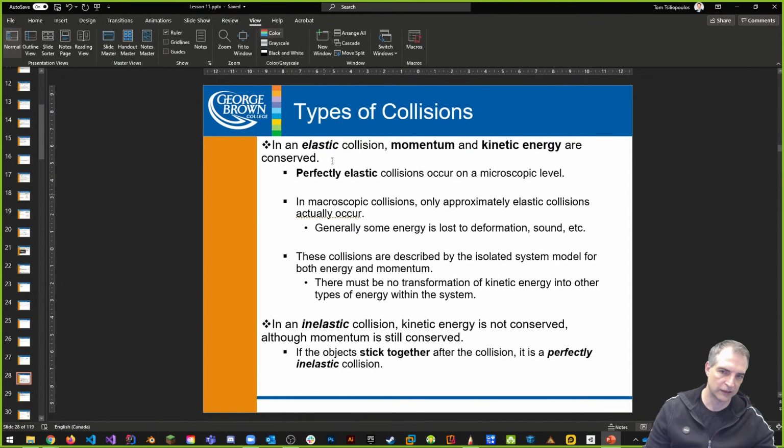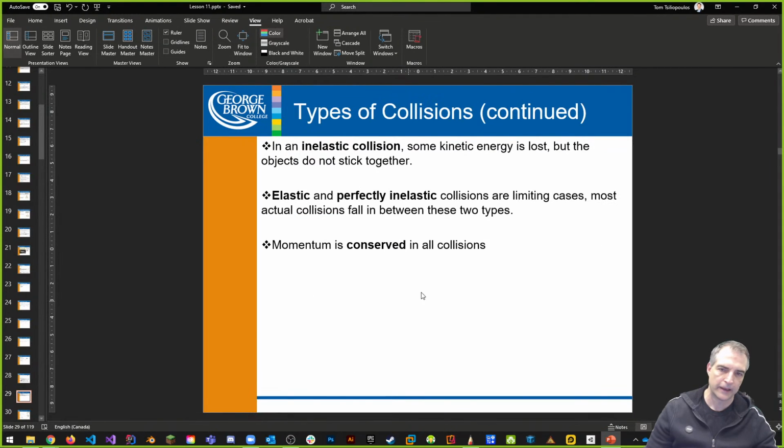Elastic collisions are ones we normally care about, right? Because it's rare that we have an elastic collision unless one mass is big and the other mass is really, really tiny. In an inelastic collision, some kinetic energy is lost, but the objects do not stick together. We're not talking about a perfectly inelastic collision, right?